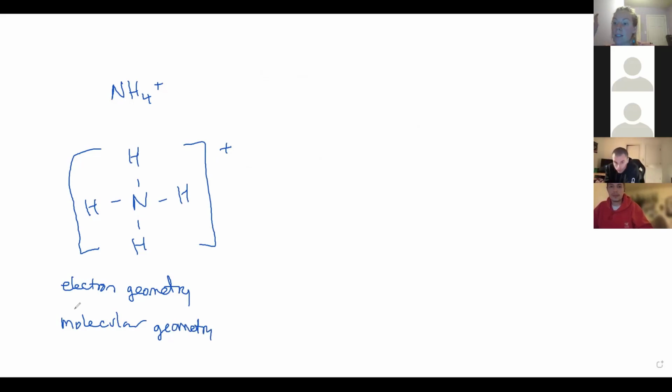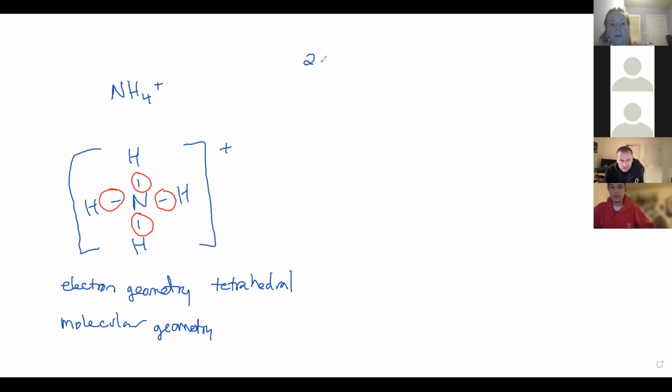The electron geometry is asking you about all the electron groups around the central atom, okay? So in this case, I have 1, 2, 3, 4 electron groups. So what shape is 4? Tetrahedral. Okay.